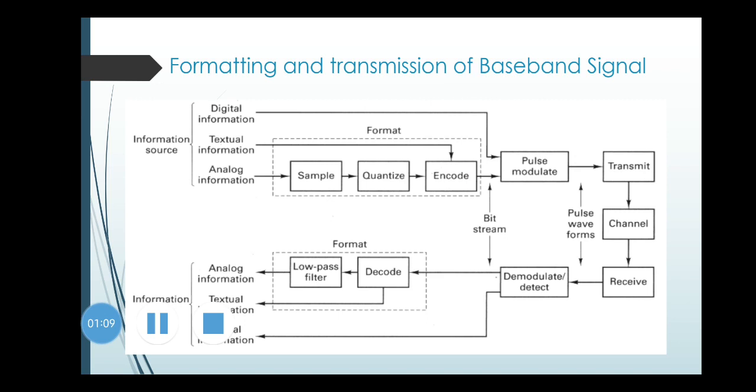Then after pulse modulation, we have the pulse waveforms which are transmitted using the transmission media, that is the channel, and at the receiver we demodulate or detect the signal and get the information back at the information sink. So this is the holistic view of the formatting and transmission of a baseband signal.